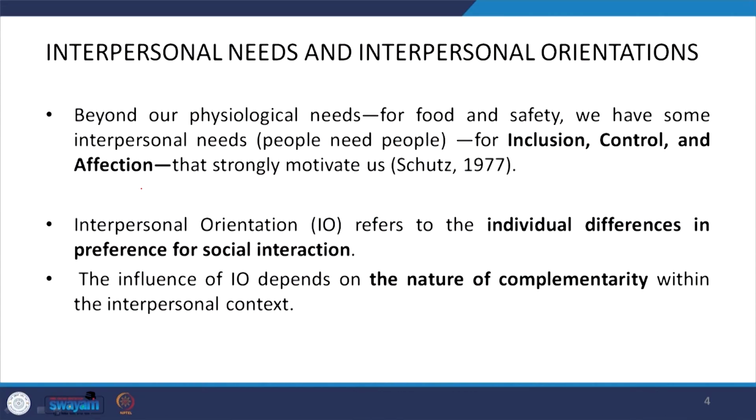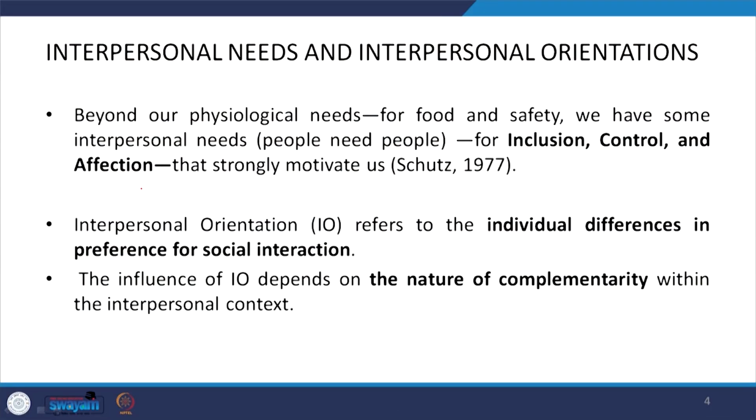Inclusion, control and affection, ICA, and interpersonal orientation, IO. Interpersonal orientation refers to the individual differences in preference for social interaction. It means every individual has a different preference, right. The influence of individual orientation depends on the nature of complementarity within the interpersonal context. It will be easier to understand with time, as I discuss the further slides.